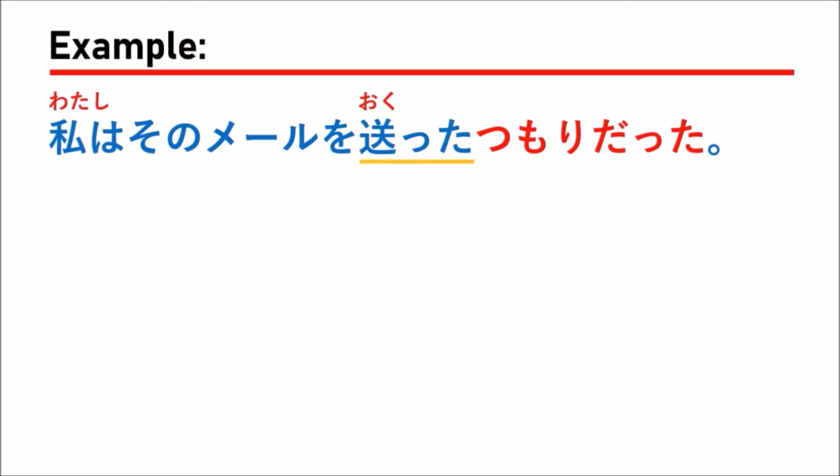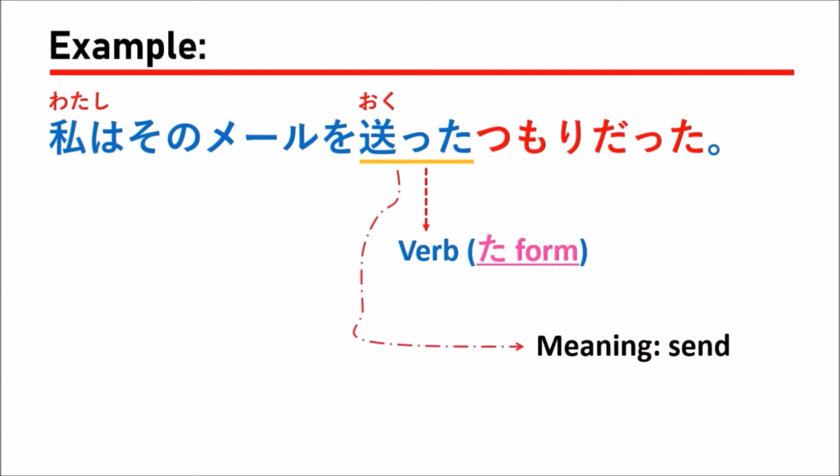We have okutta. Okutta is the verb in the past tense form. So it's correct when we compare it to the grammar rule. When we use it with the grammar of tsumoridatta, you should change the verb to the past tense form or ta form. And it has the meaning of send something to another person.